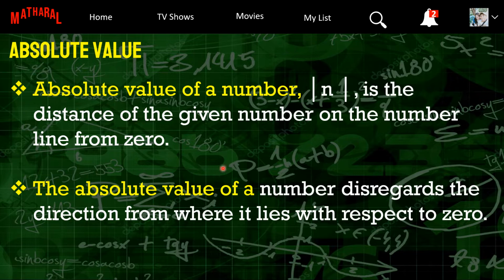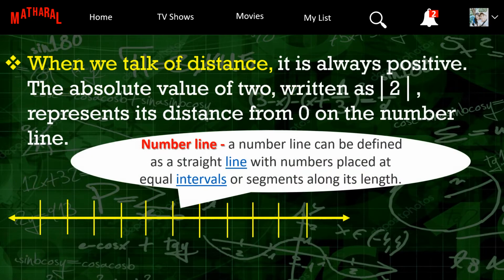So, for us to understand this, let's move forward. When we talk of distance, it is always positive. The absolute value of 2, written as this, represents its distance from 0 on the number line. So in here, when we are talking about the absolute value, we are referring to a distance.